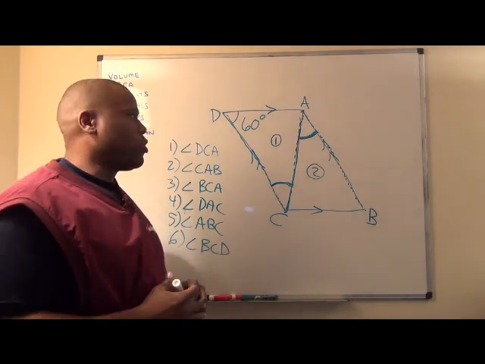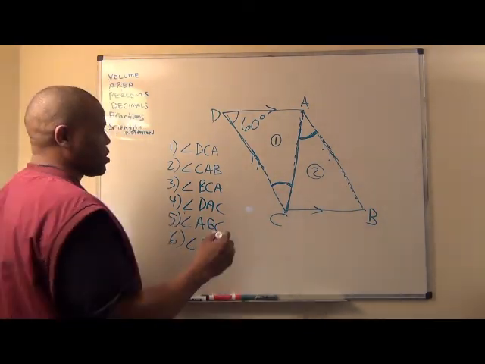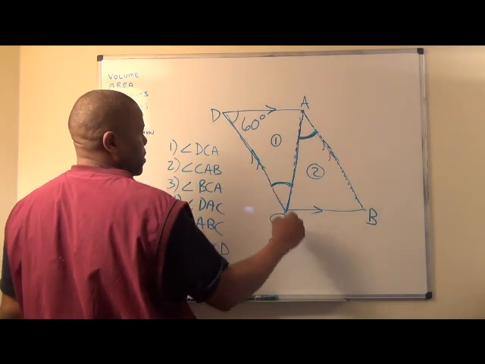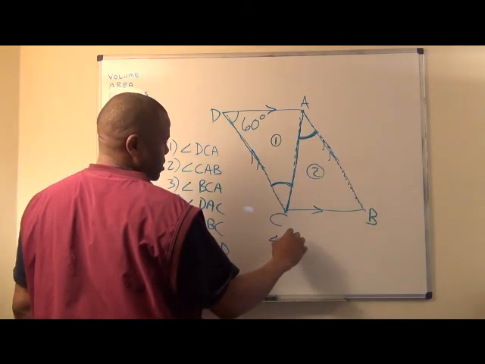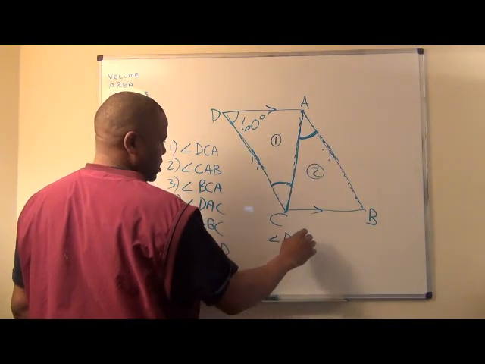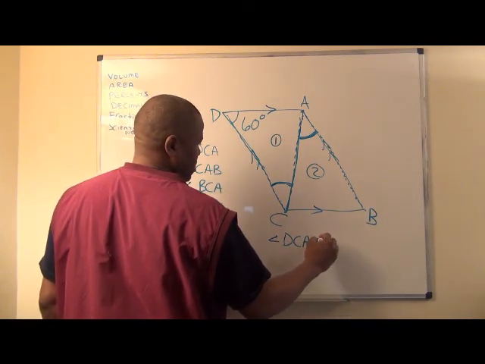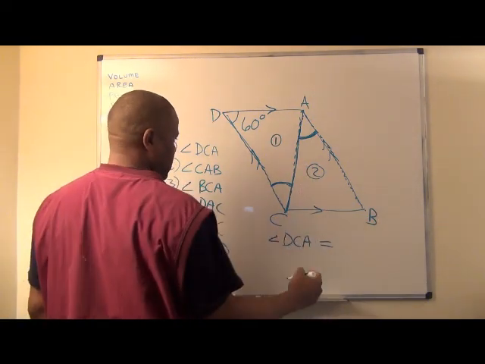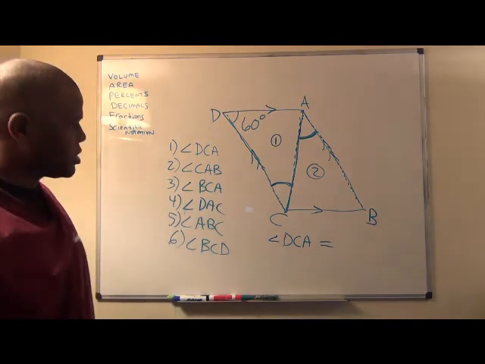When you know that two angles are congruent, that's pretty simple. We know that they're equal to one another. So we're going to say that angle DCA is congruent or equal to angle BAC.